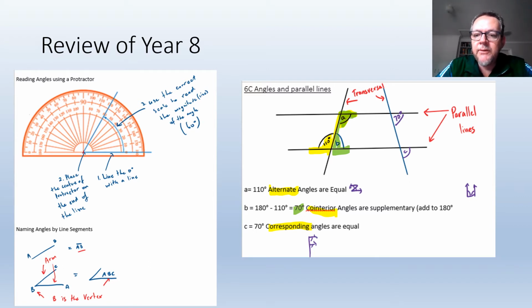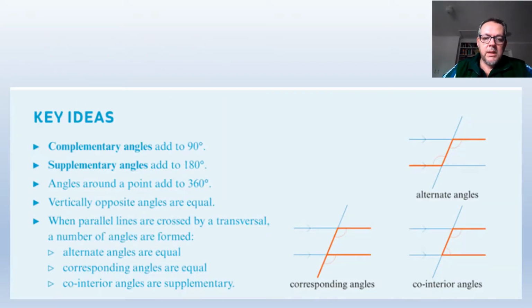And then last of all, we had a look at this idea of a corresponding angle, and that was like the F rule. And the rule there is that corresponding angles are equal. They're in the same position, just on different parallel lines. Today, folks, we're just going to review what we did there.